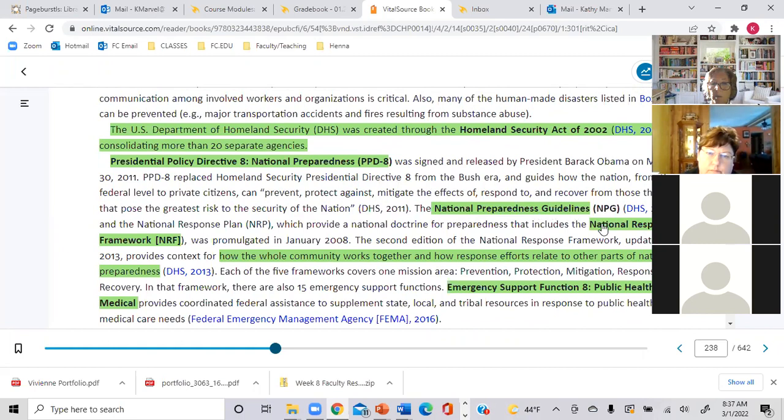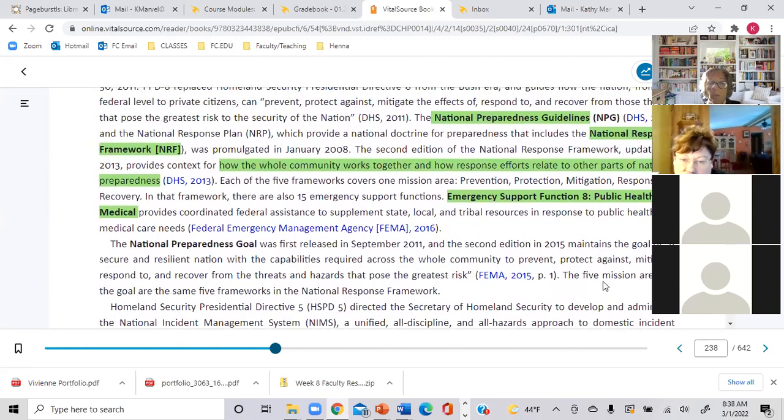Excuse me. I want you to know about the national preparedness guidelines, the national response framework. Okay. The national response framework is important because it provides how the community will work together and how the response efforts relate to other parts of the national preparedness. So national response framework is really important, as well as the emergency support function, public health and medical.